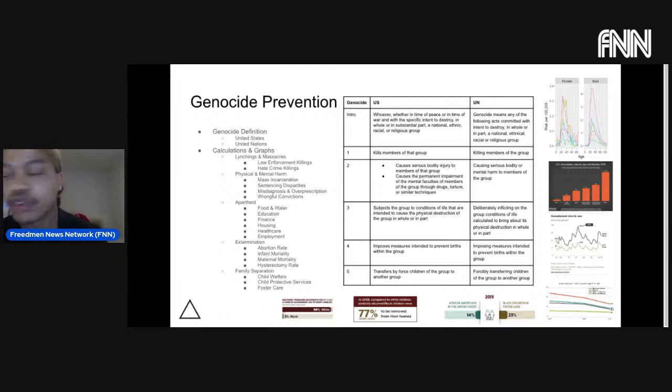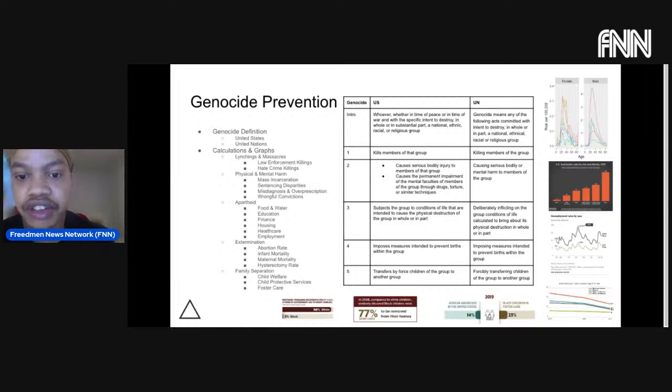I'll just read the United States one for now. Whoever, whether in time of peace or in time of war, with specific intent to destroy in whole or in substantial part a national, ethnic, racial, or religious group, by one, kills members of the group, two, causes serious bodily injury to members of that group, causes permanent impairment of mental faculties of members of the group through drugs, torture, or similar techniques.